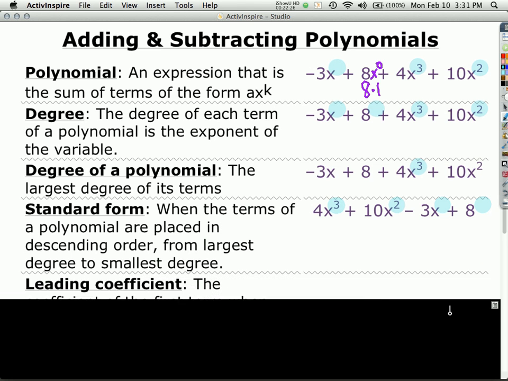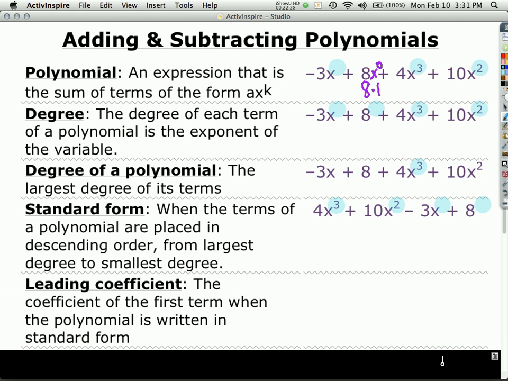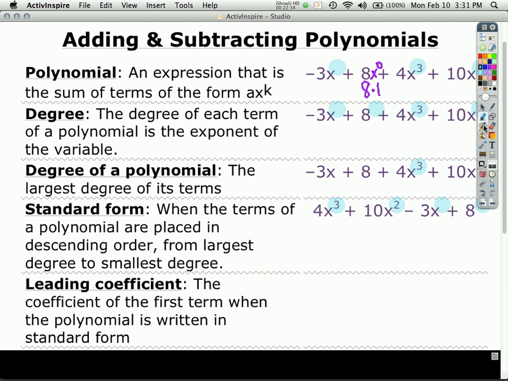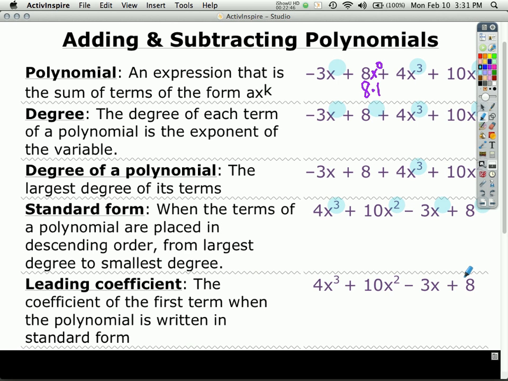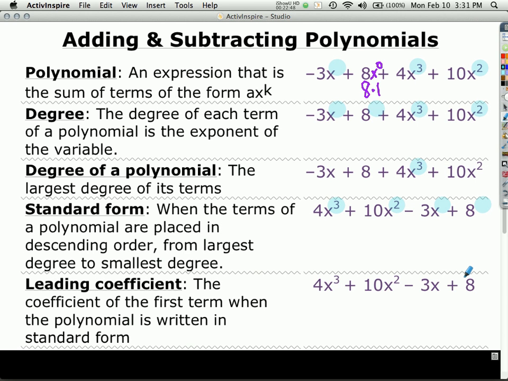All right. Leading coefficient. You probably don't even need a definition for it because if you just think of the term, it makes logical sense. What is the leading coefficient of this expression? Go ahead, Sharik. What do you think it is? 4. Yeah, it's the leading coefficient. It's the coefficient in the lead.